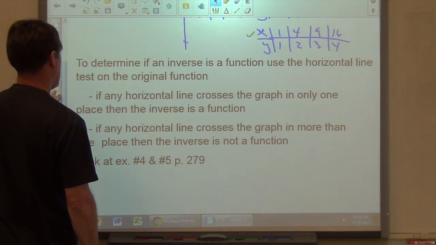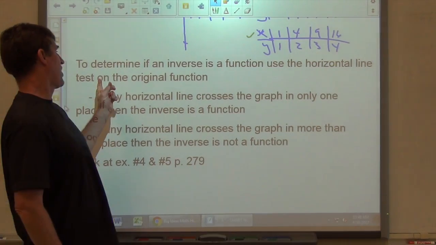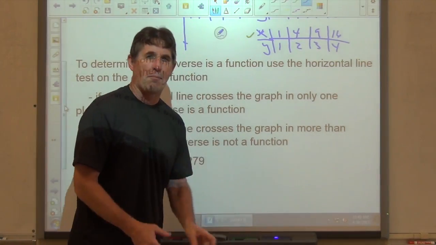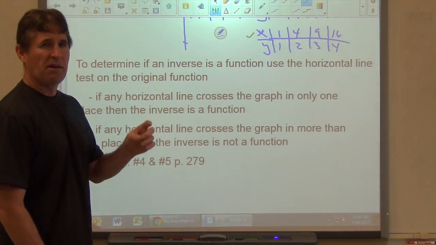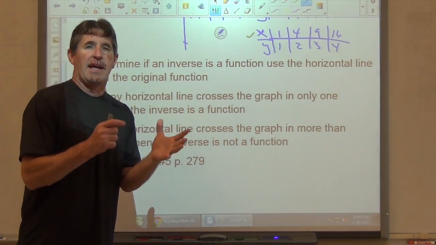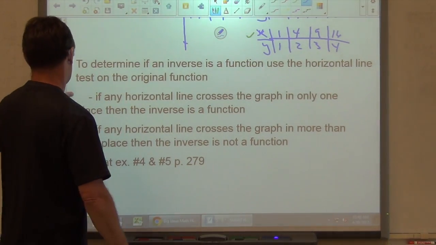So, next thing, to determine if an inverse is a function, use the horizontal line test on the original function. If you go back to your Algebra 1 days, you should have learned, and we may have talked about it earlier this year, I can't remember, but either way, to tell if something is a function, you can do what's called a vertical line test.